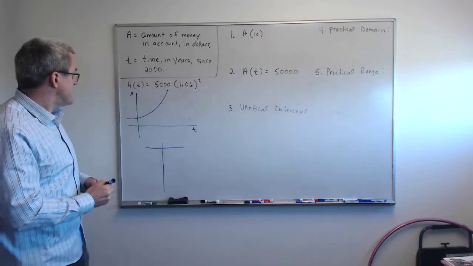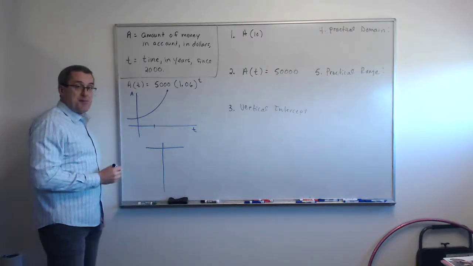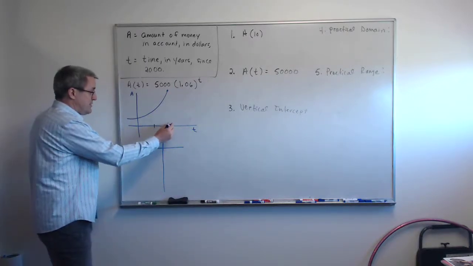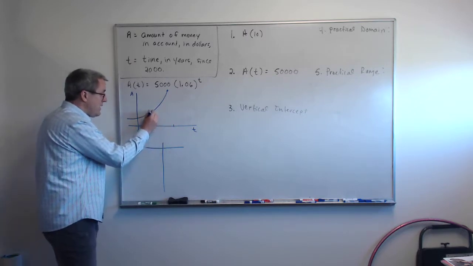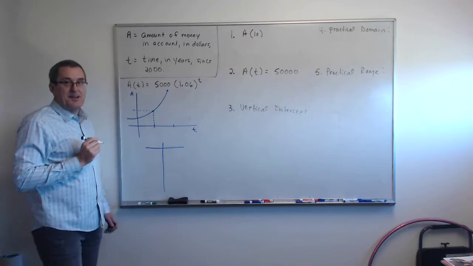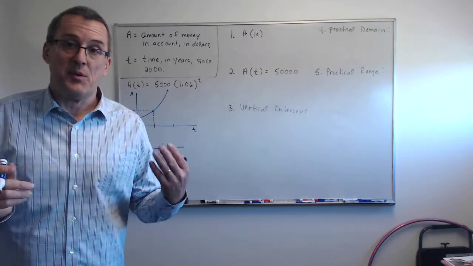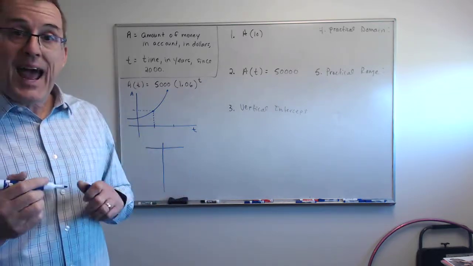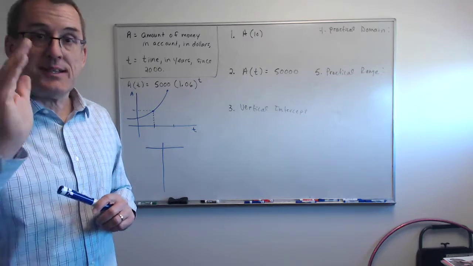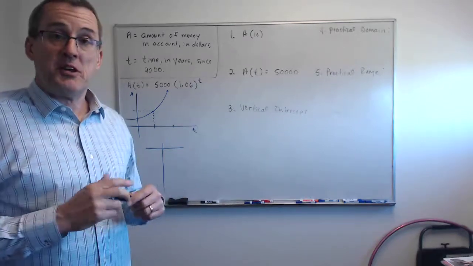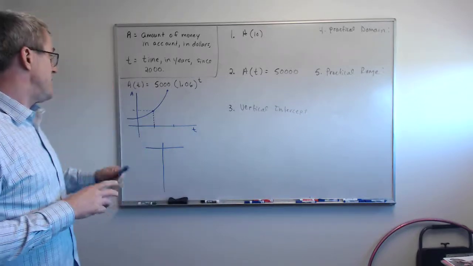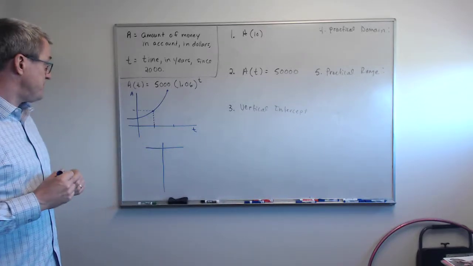So in our case, for any amount of time that I might want to consider, 3 years, 5 years, 10 years, whatever, there's going to be one and only one amount of money associated with that time. When that happens, every input has exactly one output corresponding to it, you've got yourself a function relationship, and this definitely is that.